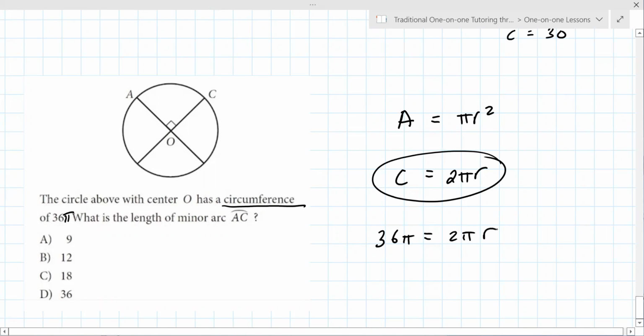Could you solve this for r for me? Is it 34r? Oh yeah, okay, so it's 18.